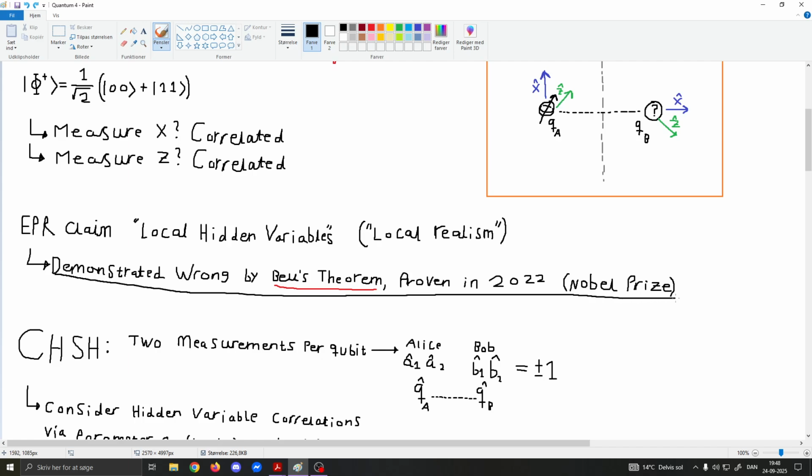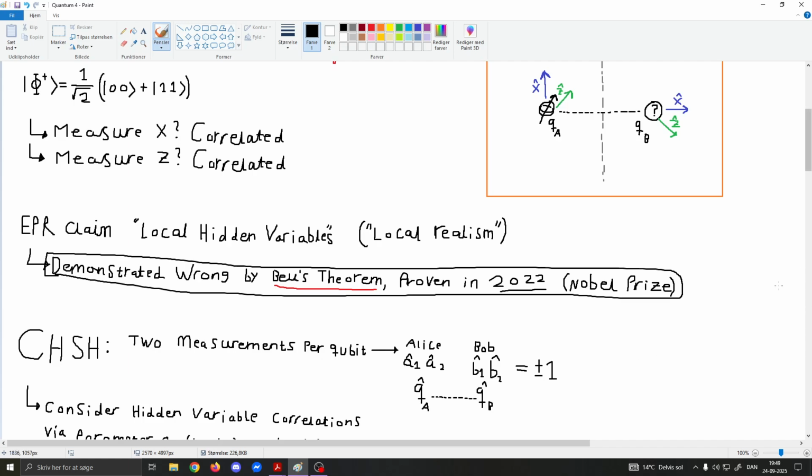That was the sort of experiment which resulted in the group who did the experiment getting the Nobel Prize back in 2022, because they performed this exact experiment, I think it was using light, and they performed very careful, very fine measurements and found that indeed the statistical measurements you see are incongruent with the expectations that you would get from local hidden variables.